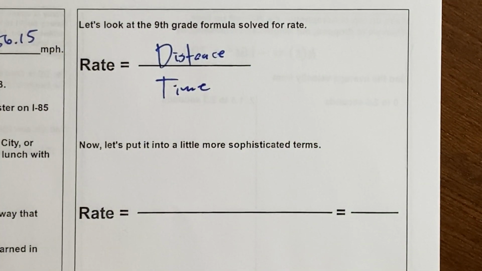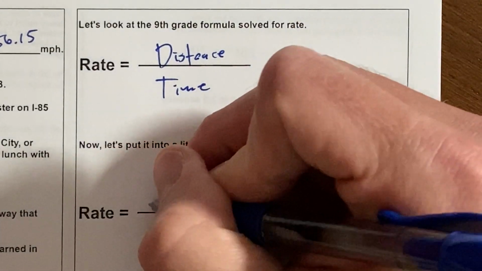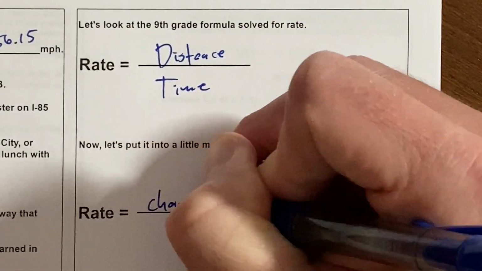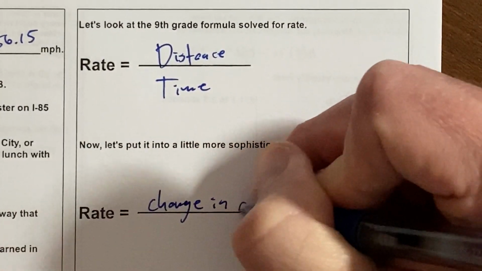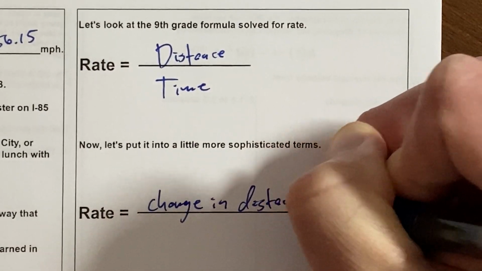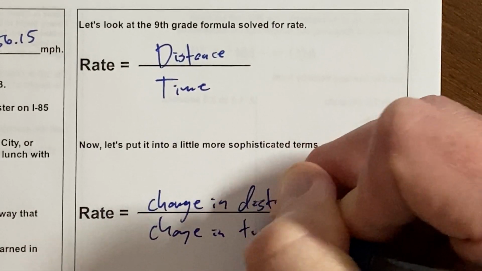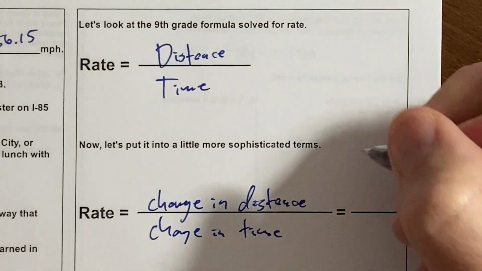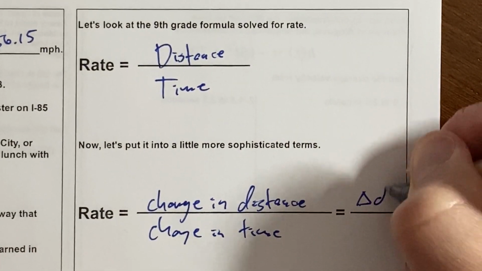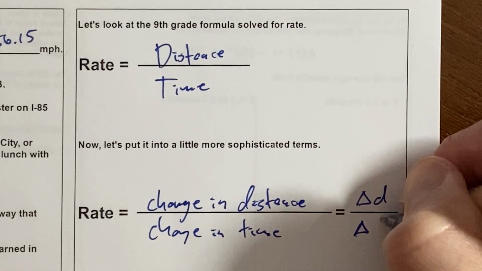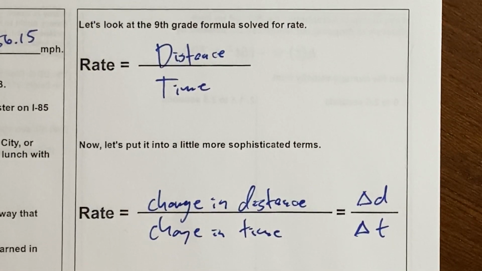And a little bit more sophisticatedly, since we're living in the suburbs of Nicholson, we can write that as change in distance over change in time. And you may have seen that as delta D over delta T, something like that. So we've got our sophisticated way.